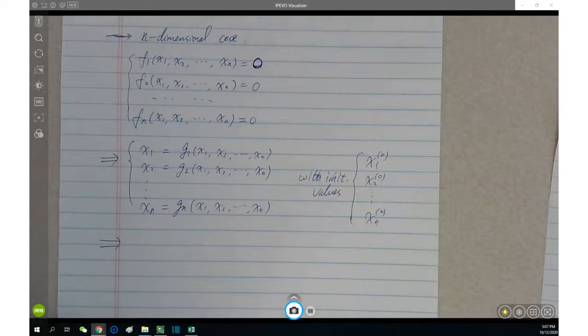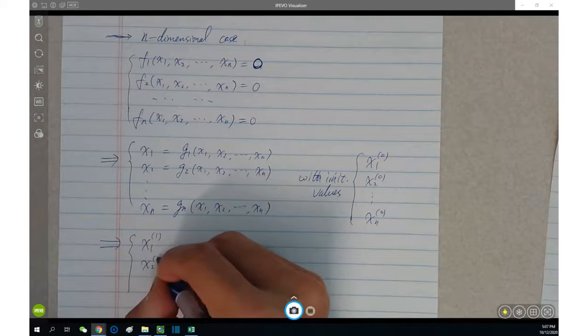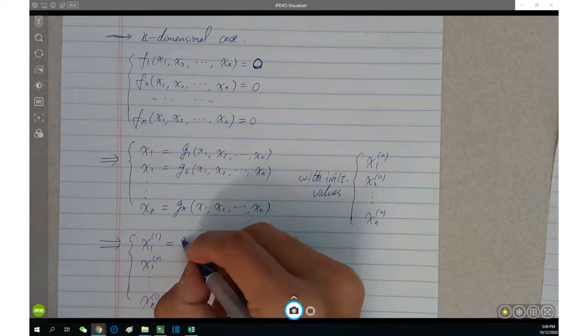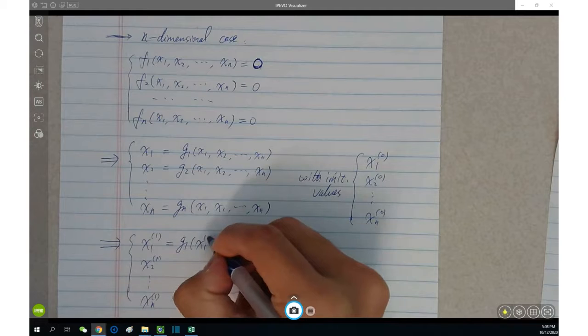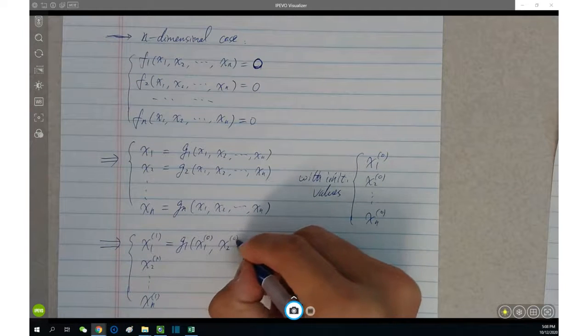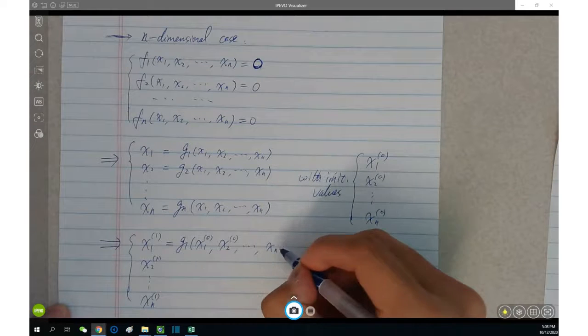With these initial values, you derive what? x1 of 1, x2 of 1, all the way to xn of 1.